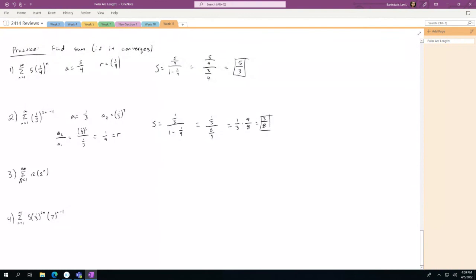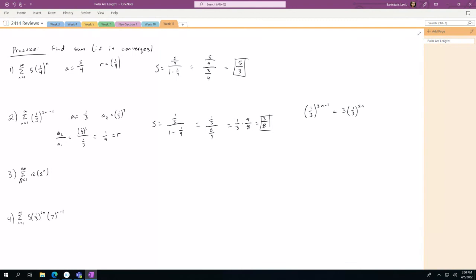Now, some interesting notes about this one. If I wanted to rewrite it in a form more like problem 1, I can notice that 1/3 to the 2n minus 1 is the same thing as 3 times 1/3 to the 2n, right?